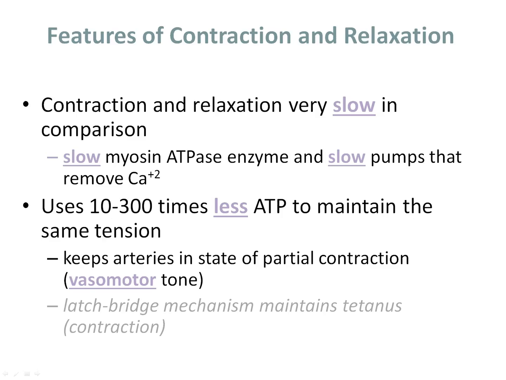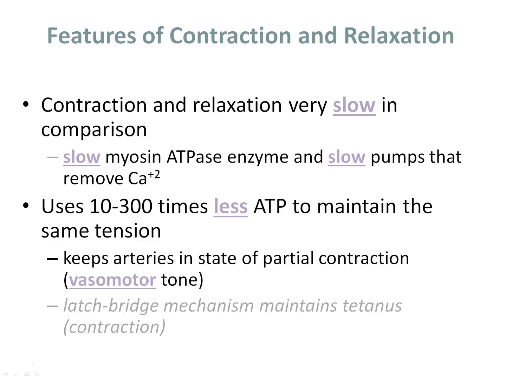Smooth muscle is very unique in that contraction and relaxation are very slow in comparison to both skeletal and cardiac muscle. In general, it is about 30 times slower to contract, so it takes a long time to contract. It's not very quick.